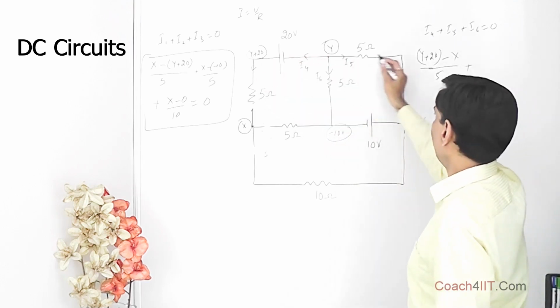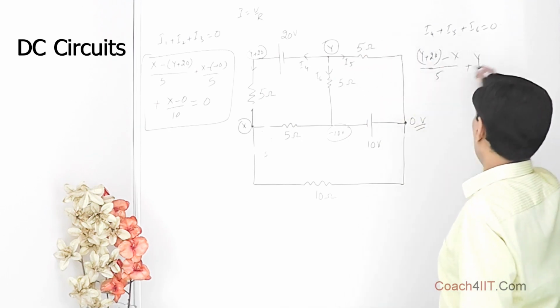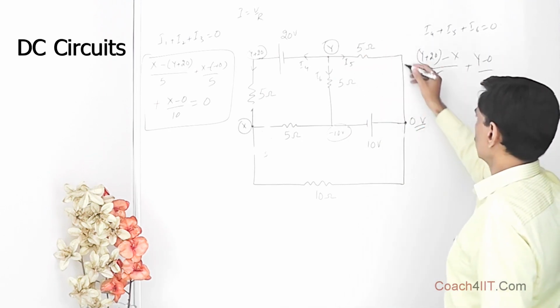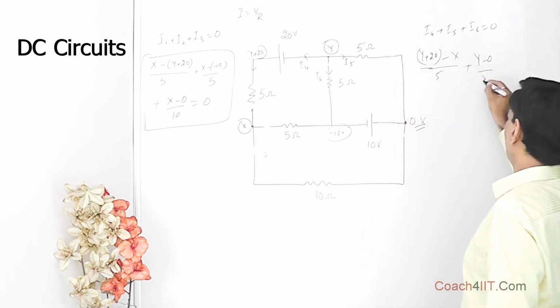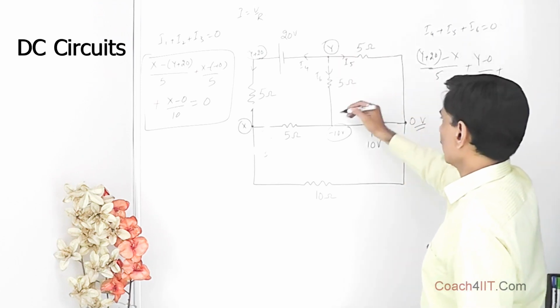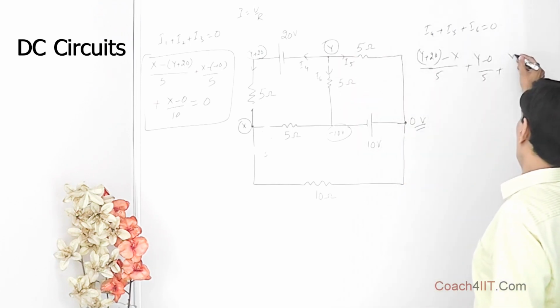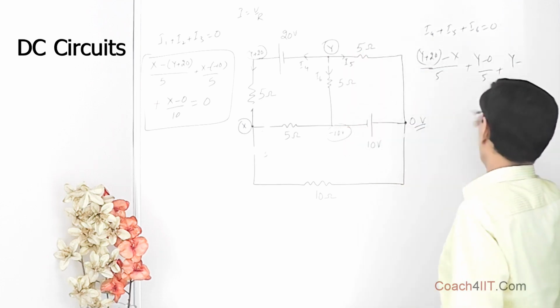What is I5? I5 is Y minus 0, since this is at 0, this is at 0, this is at 0. So (Y minus 0) by 5 is the value of I5. What is I6? I6 is Y minus the potential of this, which is minus 10 volt.